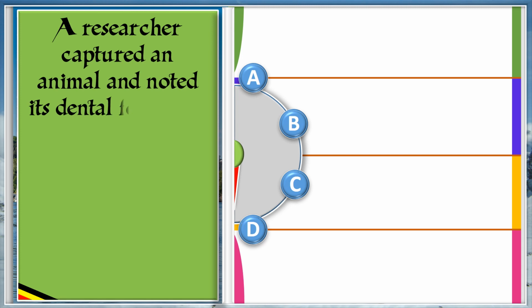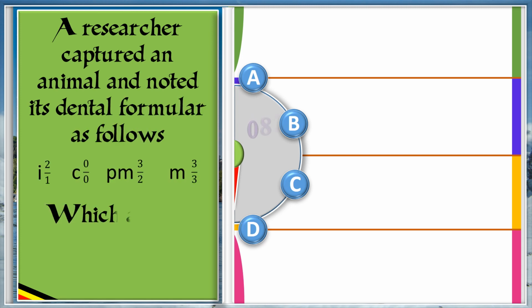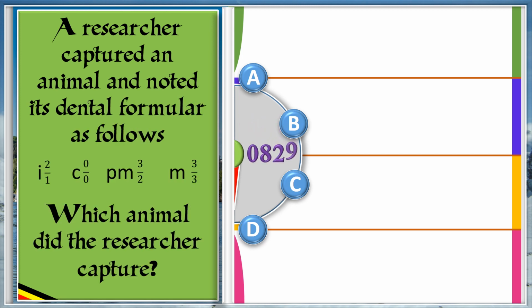A researcher captured an animal and noted its dental formula as follows: incisor 2 to 1, canine 0 to 0, premolar 3 to 2, molar 3 to 3. Which animal did the researcher capture? A. A hawk.